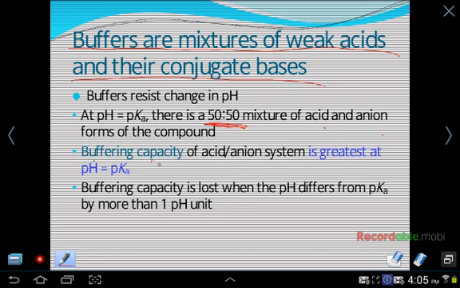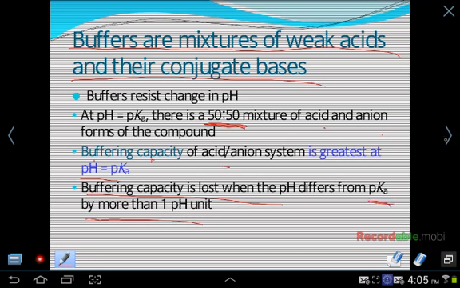The buffering capacity of an acid-anion system is greatest where the pH is equal to the pKa, and the buffering capacity is lost when we go more than 1 pH unit above or below the pKa.